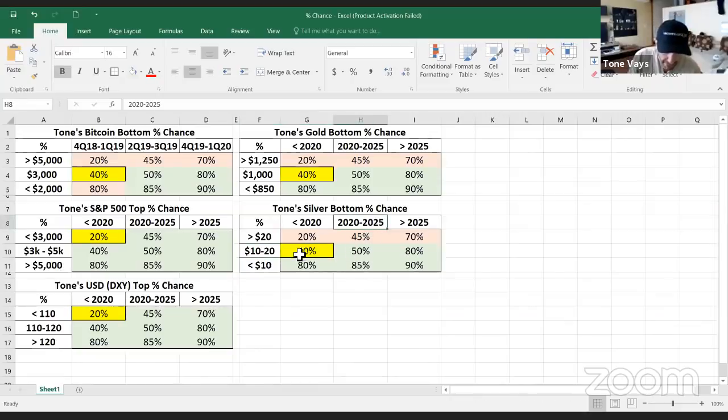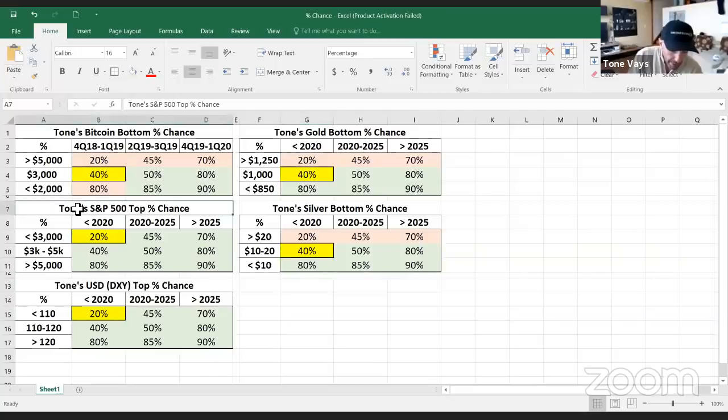Now, if we can make it into 2020 with silver above $10, that means we don't crash this year in silver or gold, and I will up it to a 50% chance that the bottoms are in. Just 50-50. After that, as time goes on, I have more confidence that the bottom is in. If price drops, I have more confidence that the bottom is in.